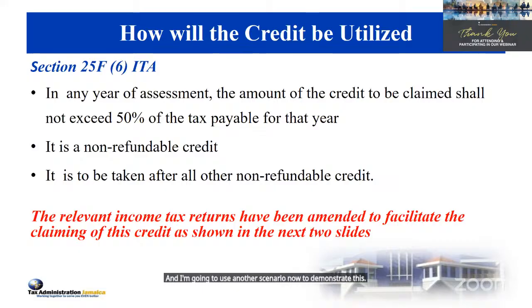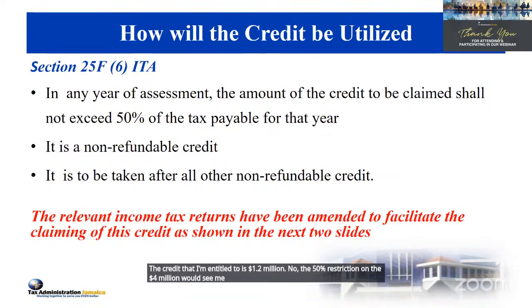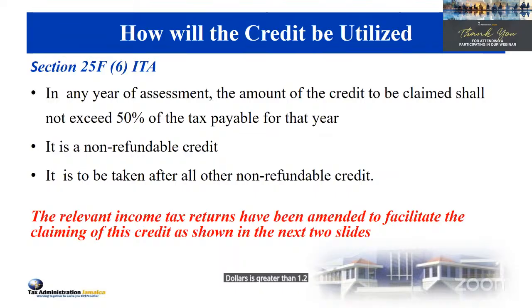Now, if my tax payable in 2024 is $4 million, the credit that I'm entitled to is $1.2 million. The 50% restriction on the $4 million would see me being able to utilize 50% of $4 million, which would be $2 million. Now, $2 million is greater than 1.2. And therefore, in that 1 year, I could utilize the full amount of the credit.